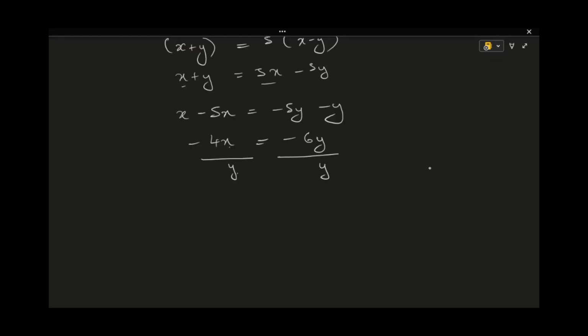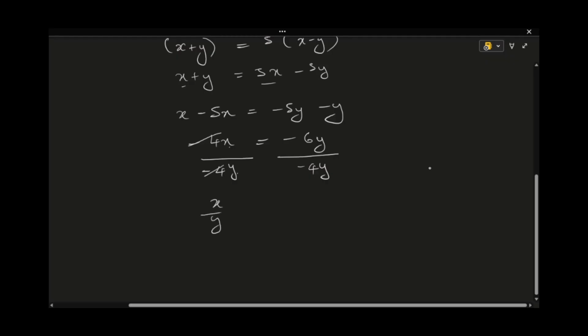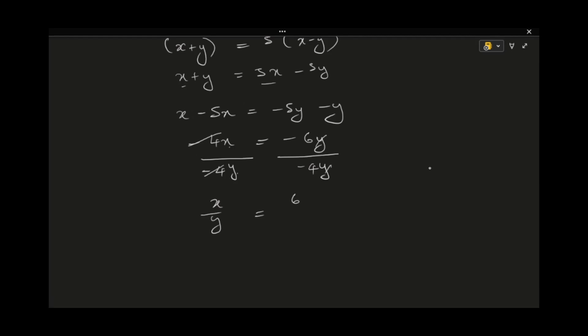But I also want to remove this negative 4 in front of x so that I can be left with just x divided by y, which means I can also divide by negative 4 both sides. You see how easy that is, which means now negative 4 will go, and then we'll be left with x divided by y this side, and then here y will go, and we'll only be left with 6 over 4 this side.